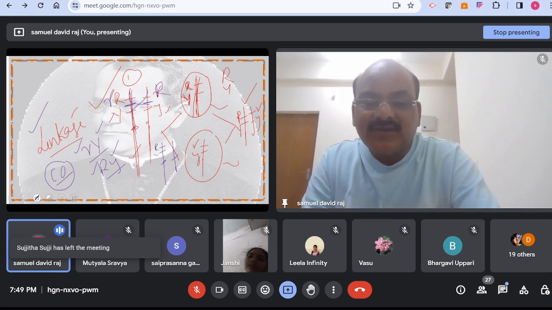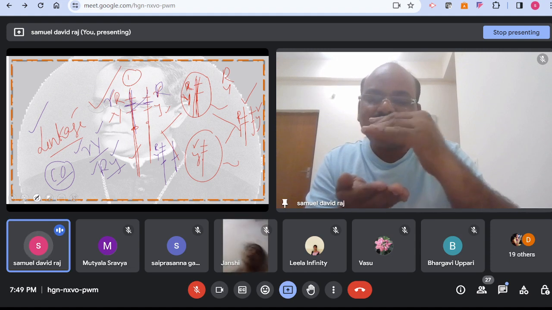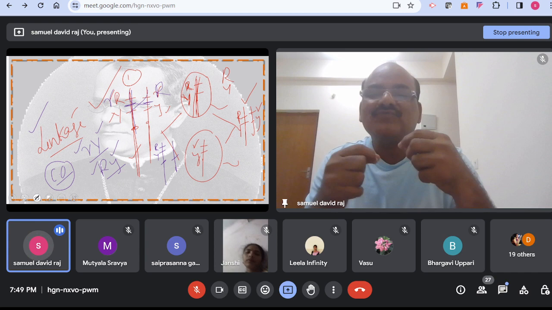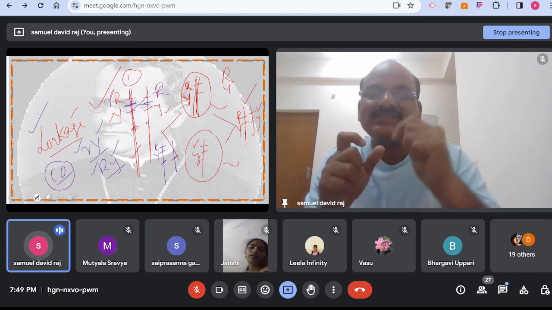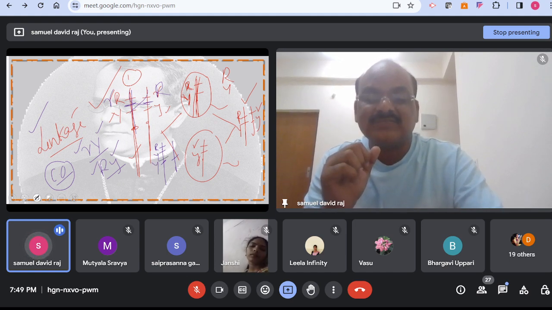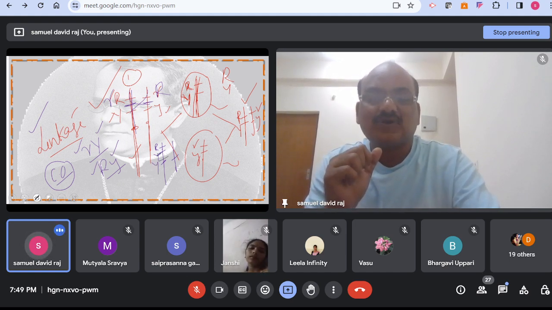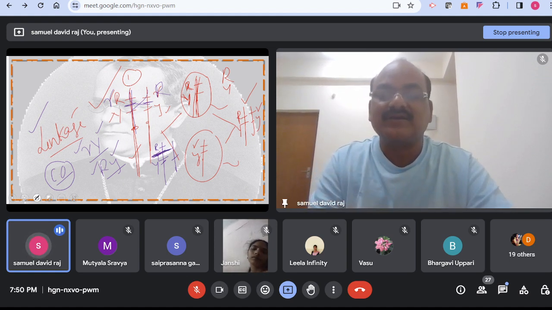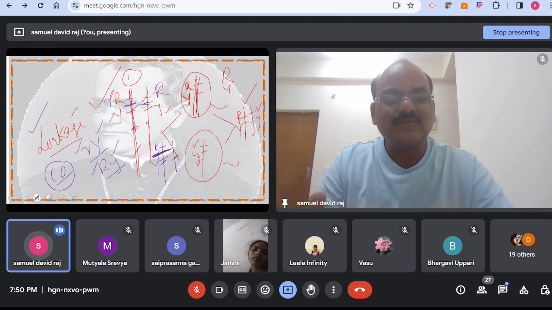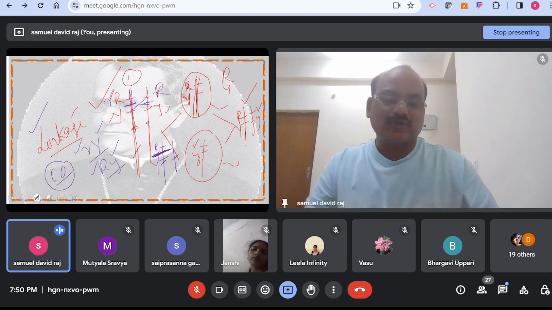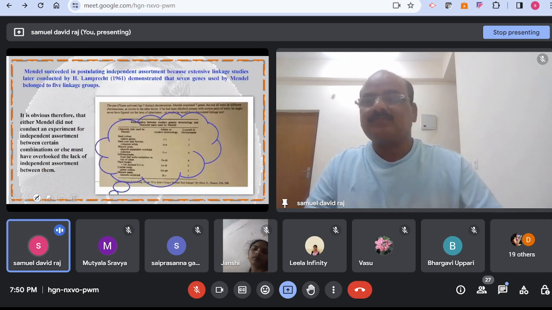If the genes for capital R and capital Y are very near to each other, there is no endonuclease activity and the chromosome will not break between these two because the distance is very small. If the distance increases, breakage may take place and crossing over may occur. So for crossing over to occur, the genes should be present on the same chromosome but at distant locations. Then only independent assortment will occur.